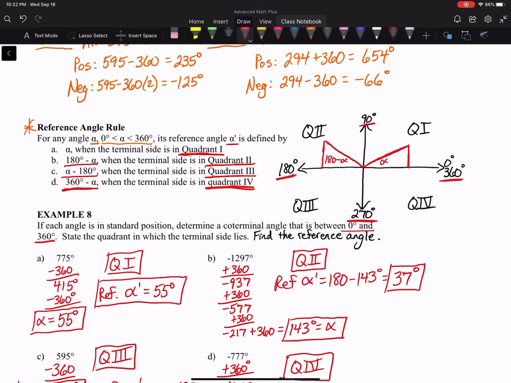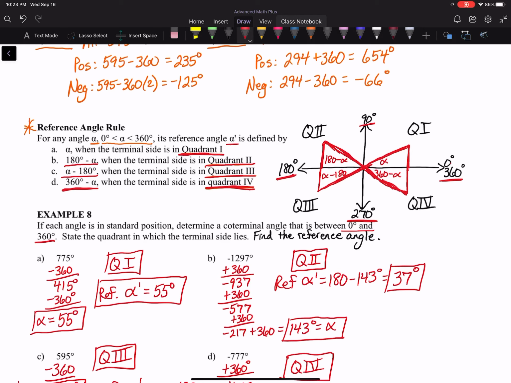If it's over in the third quadrant, it's going to be the angle minus 180. And if it's in the fourth quadrant, again, you always make the triangle with the x-axis. So if it's in the fourth quadrant, it's 360 minus the angle. So I always think of it as kind of making a bow tie, if you want to think of it that way. That's just to help you out.